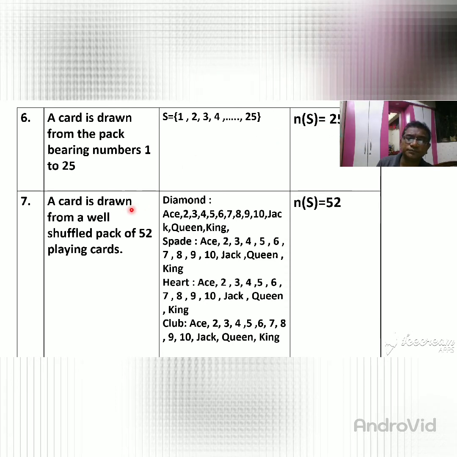Then this is the seventh, the last problem. A card is drawn from a well shuffled pack of 52 playing cards. Yesterday I said that playing cards have four suits and each suit has 13 cards.